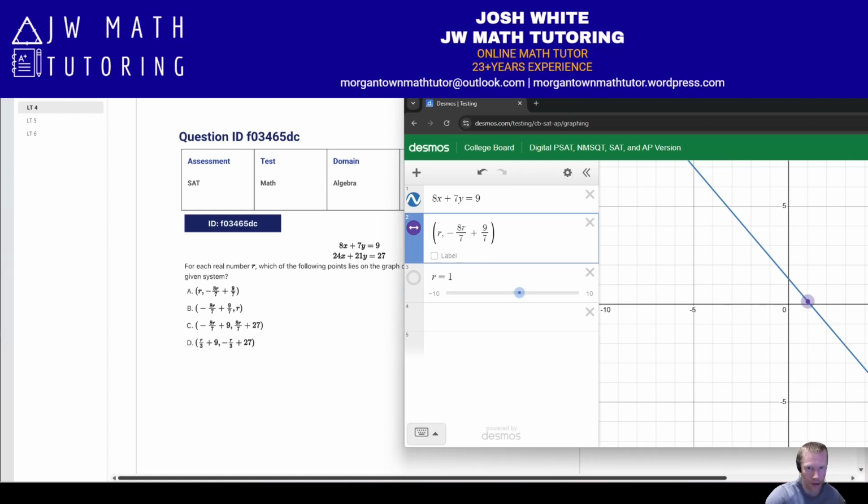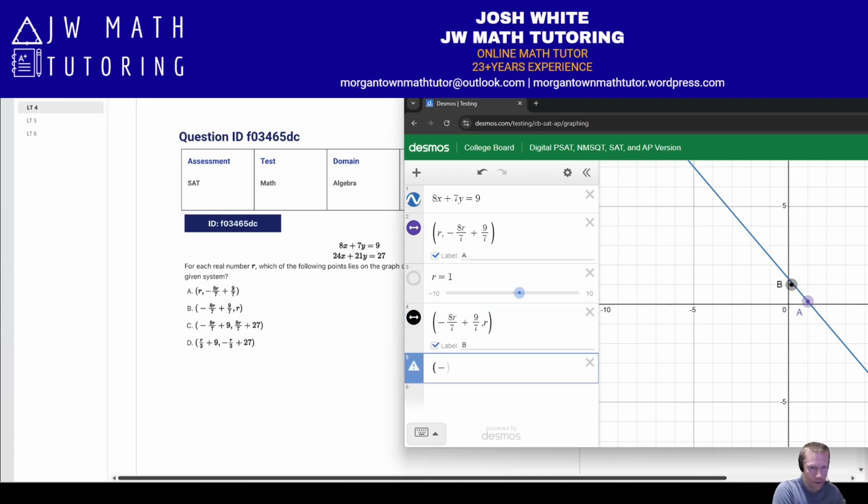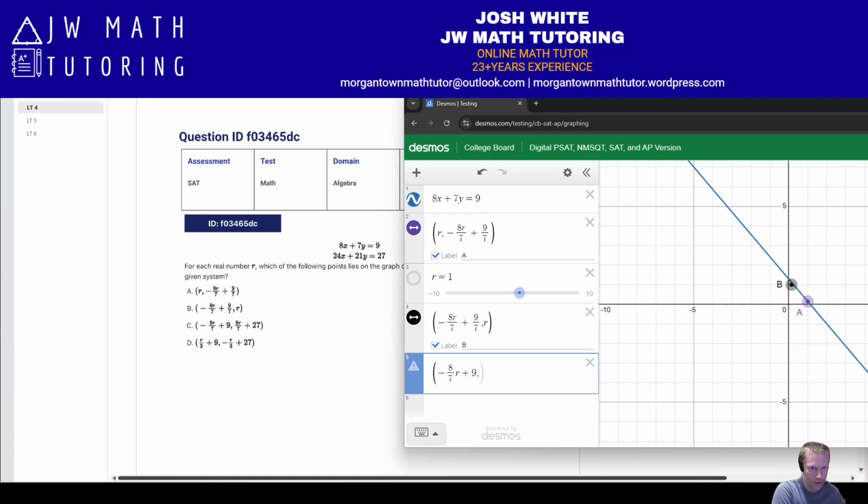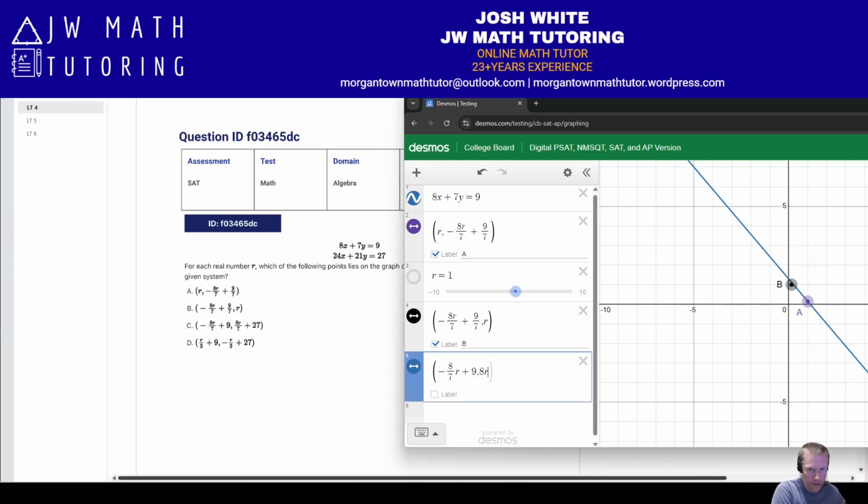By default, it would just give you a circle, but now it's not selected, so I guess I could have just done that from the beginning. 9/7, comma R. We can label this A, and this B. Then 7R plus 9, comma 8R over 7 plus 27.